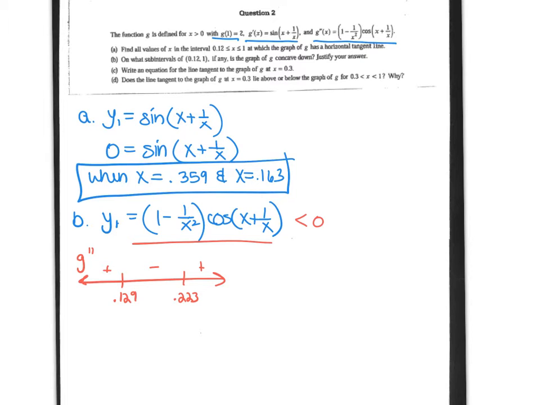So we can say that it's concave down on the interval 0.129 to 0.223 because g double prime is less than 0 on this interval.